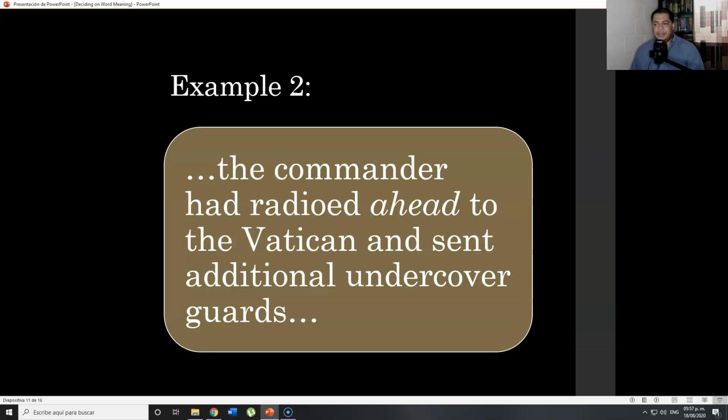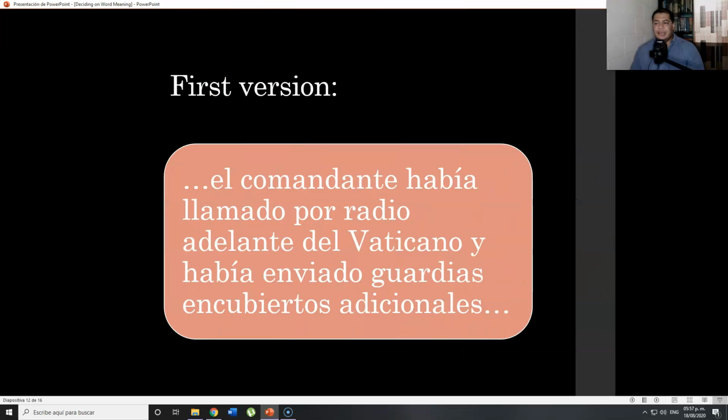A second example that I want to share with you is this. The commander had radioed ahead to the Vatican and sent additional undercover guards. Let's see the first version of this translation. Before, I want you to check that the word in italics is ahead. The first version: El comandante había llamado por radio adelante del Vaticano y había enviado guardias encubiertos adicionales.